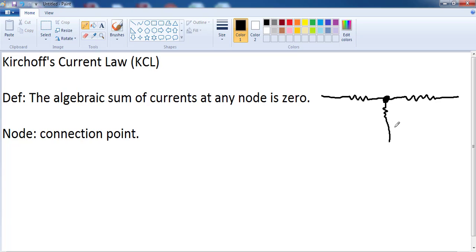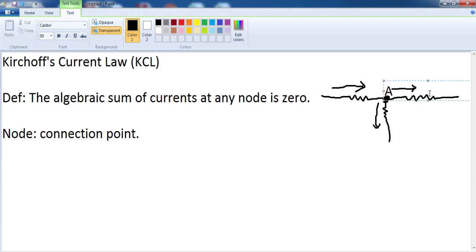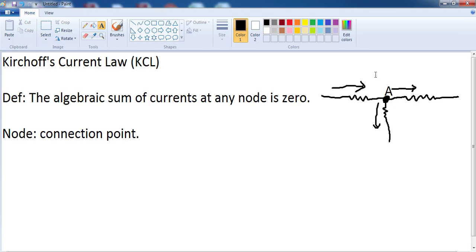These three wires coming and connecting there. Current is coming from here and it's splitting at this node into two. One is going that way, one is going this way. We call this connection point a node. Let's give it a name, A node.